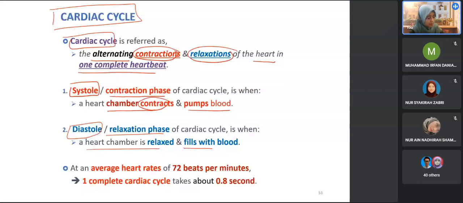How do you get 0.8 second? One complete cardiac cycle, alternating contraction and relaxation. Systole, diastole. How do you get 0.8?